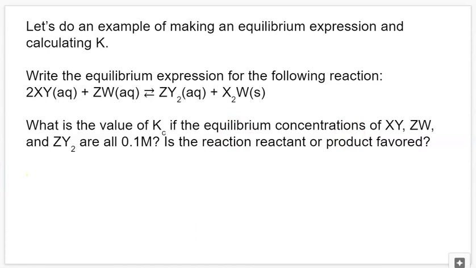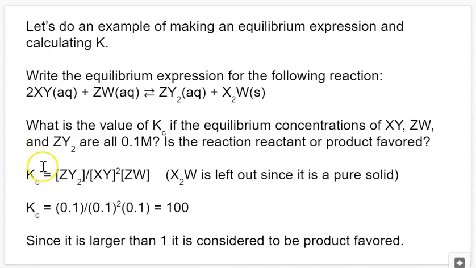So first off, we're going to make an equilibrium expression of our Kc value being equal to the ratio of the concentrations of the products over the concentrations of the reactants raised to the power of their coefficients. And that's going to look like this, where Kc is going to be equal to ZY2 concentration, and then we omit the X2W concentration because it's a pure solid, so it doesn't have a concentration to plug in.